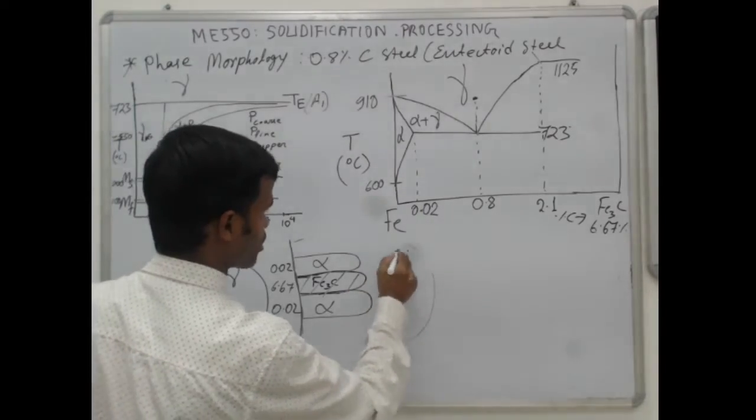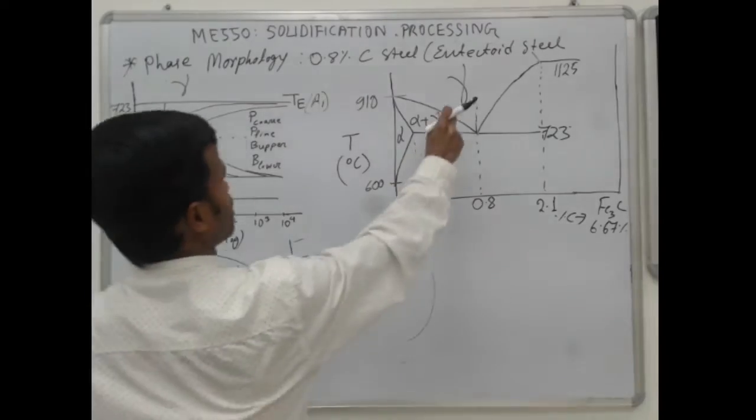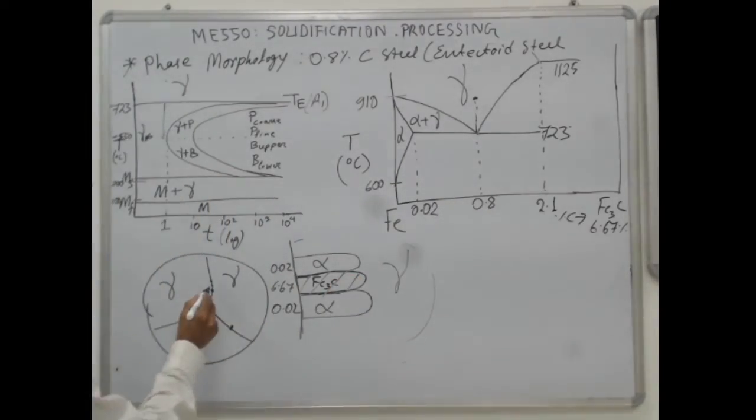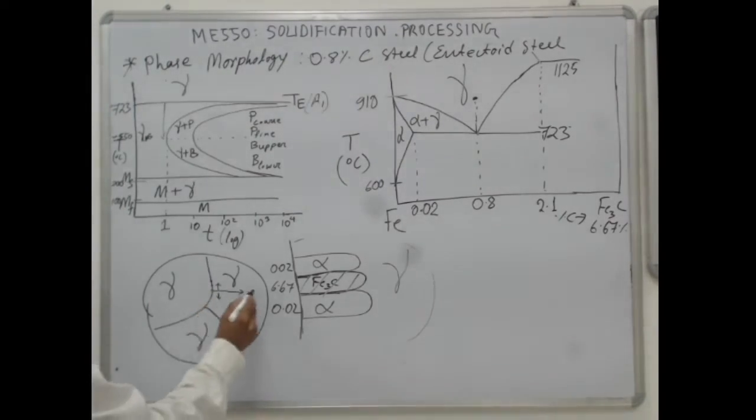Here suppose you have gamma austenite. Once cementite is nucleated, it will grow not only in this direction, but also inside the grain in this direction.